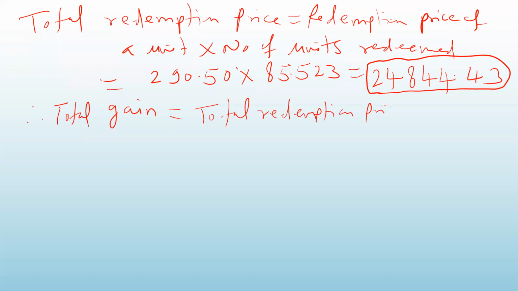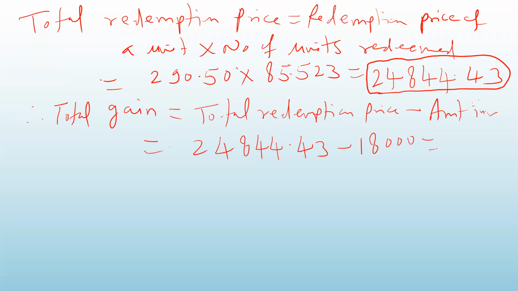So he received 24,844.4 after redeeming, and the amount invested was 18,000, as given. 24,844.43 minus 18,000 is 6,844.4. So this is the total gain.